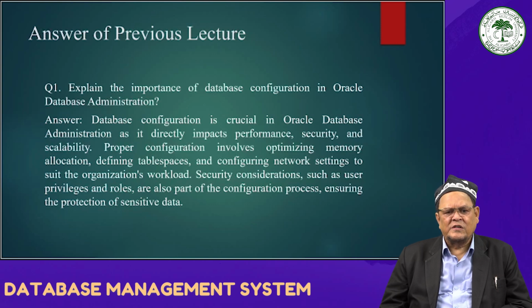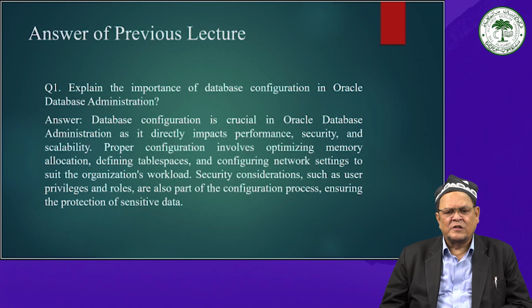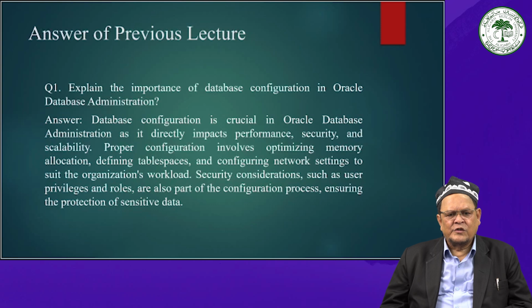Proper configuration involves optimizing memory allocation, defining table space, and configuring network settings to suit the organizational workload. Security considerations such as user privileges and roles are also part of the configuration process, ensuring the protection of sensitive data.